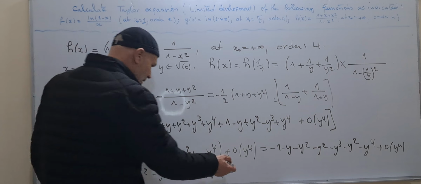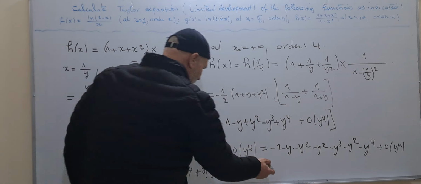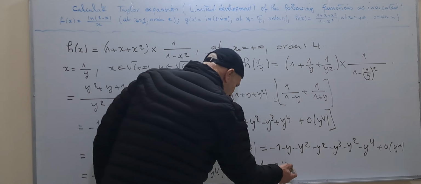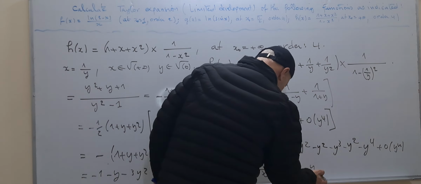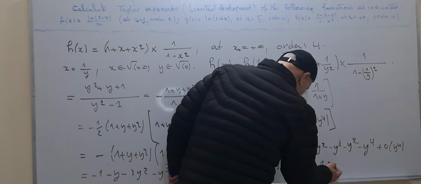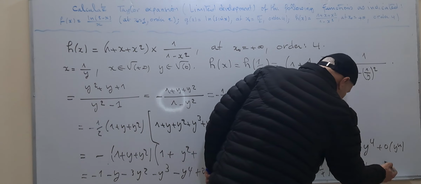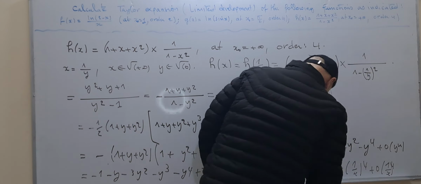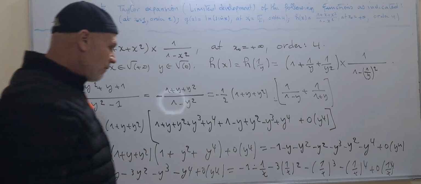So we make, so this is equal to minus 1 minus 1 over x minus 3 over x squared minus 1 over x squared minus 1 over x power 3 minus 1 over x power 4 plus 1 over x power 4. This is the final result.